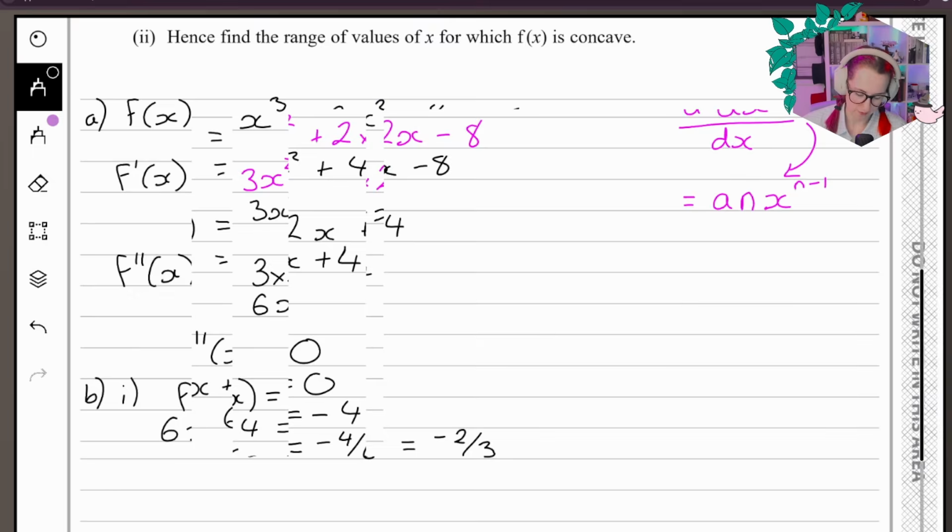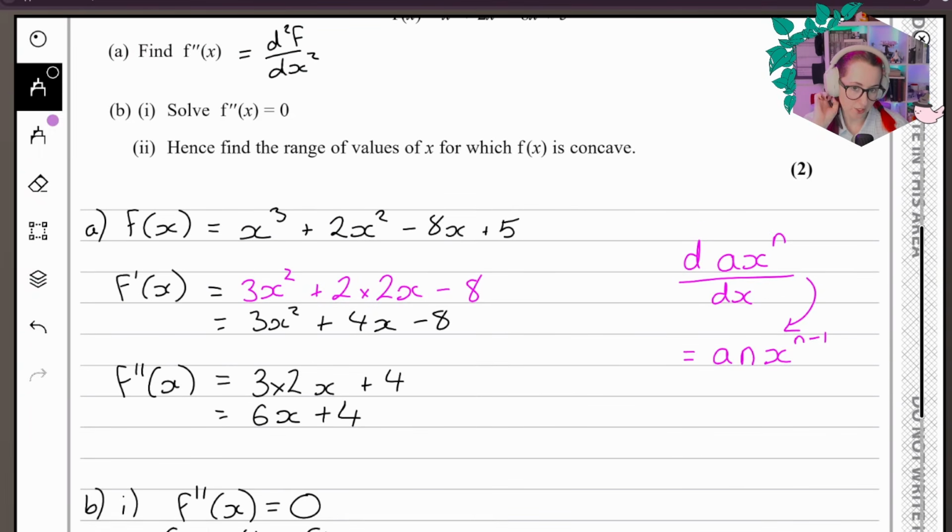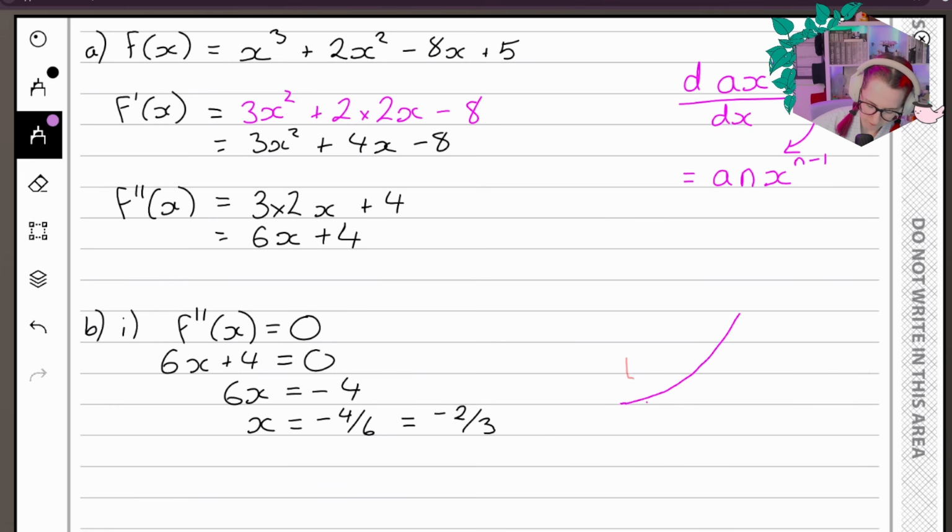There was a second part of that question. Hence, find the ranges of values of x for which f is concave. A function is convex when, if you take a point and another point further down the line, the chord that joins them sits above.